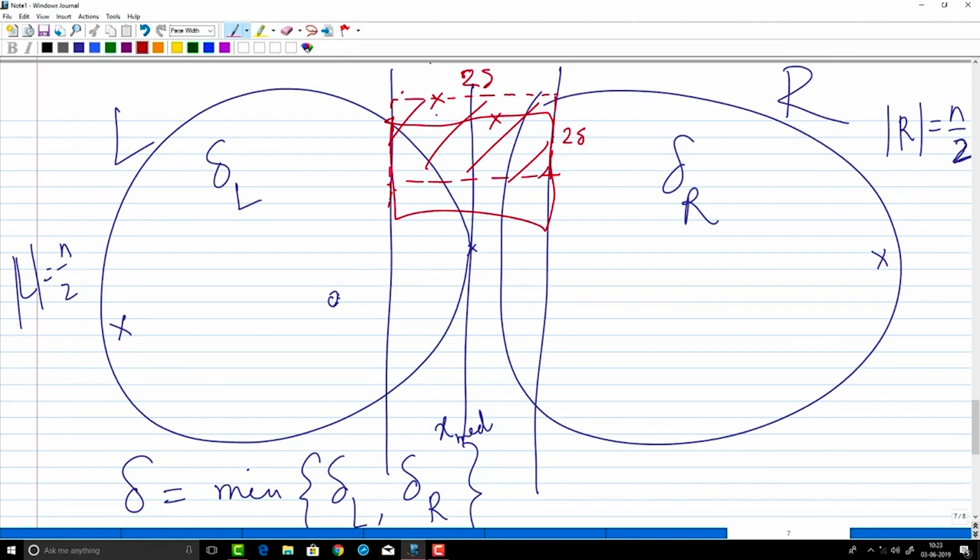Because, see, if they are 0.5 apart, if there is a point 0.5 apart from this point on this side, this should come within this 2 delta cross 2 delta box, no? It should come, right, because your closest pair here is 1. So, it is a 2 cross 2 box, right. So, if there are any points which say like 0.5 apart, they should be within this box, right, and I have not missed any point in the box.